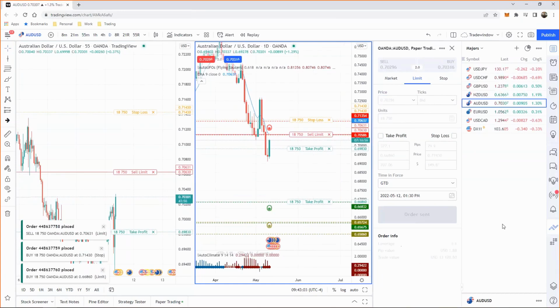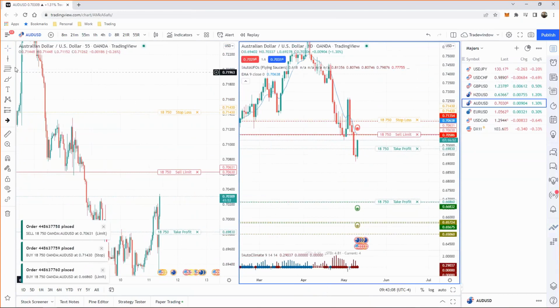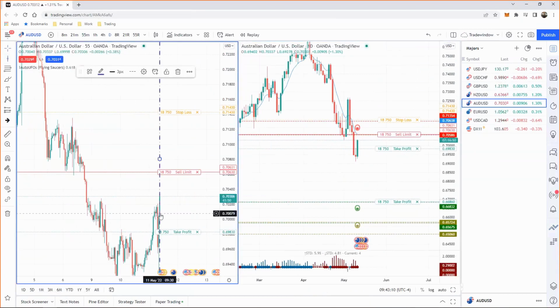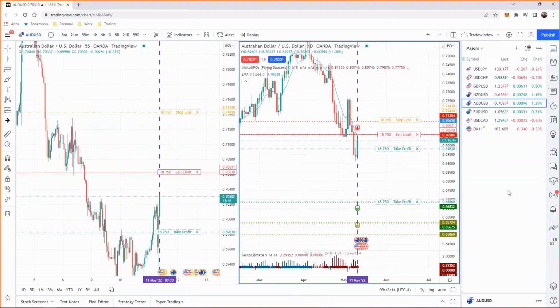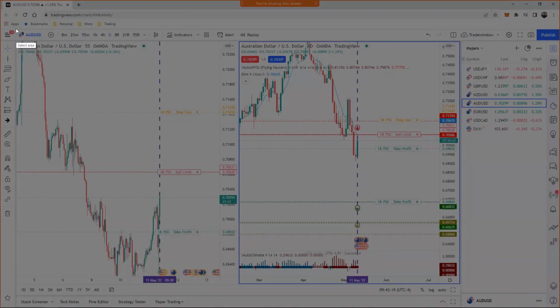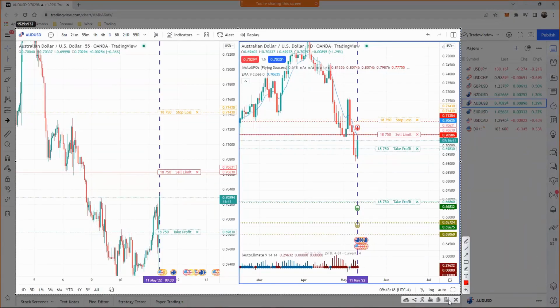All right, now what do we do here? Again, before we move on, we're going to put a vertical here, put a vertical here, and just save this so I don't forget it, even though it's auto. Take a screenshot, 2022-0512, AUD, USD, and this is the daily setup.